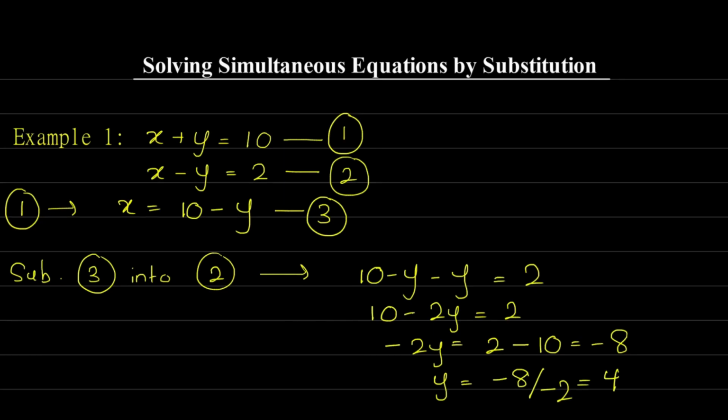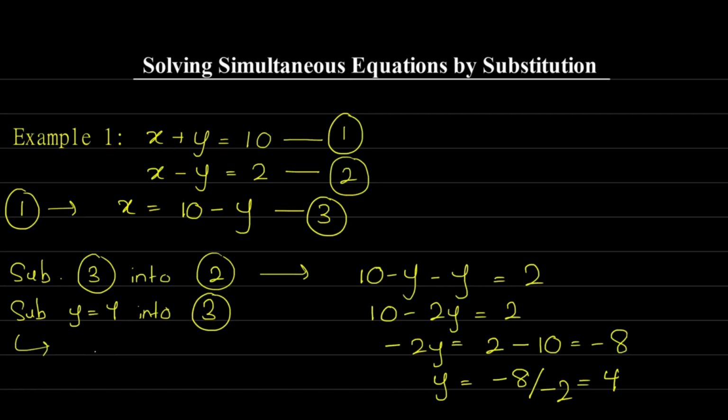Now that you know that y is equal to 4, you substitute y equals 4 into equation 2 or equation 1. Actually, for that purpose, you can use any equation you want. So let's use equation 3 because we have already subjected x here. Therefore, substitute y equals 4 into equation 3.